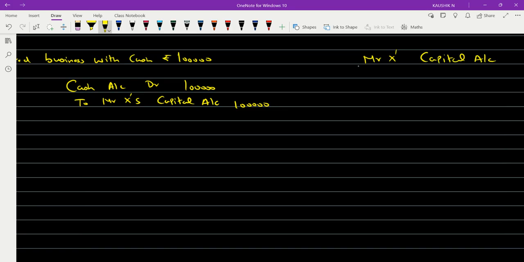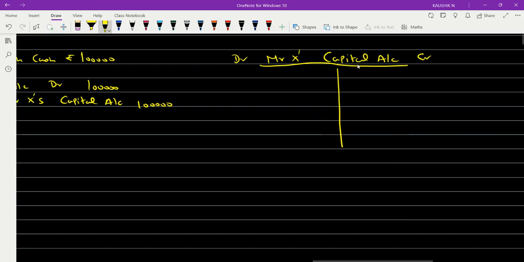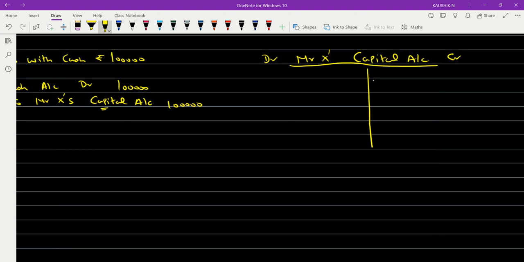We're just going to prepare Mr. X capital account, a normal T-shaped ledger with debit side and credit side. What has happened to capital in the journal? It has got credited. So from the debit, the cash account will be selected and you will drop it on the credit side as by cash account, 1 lakh.